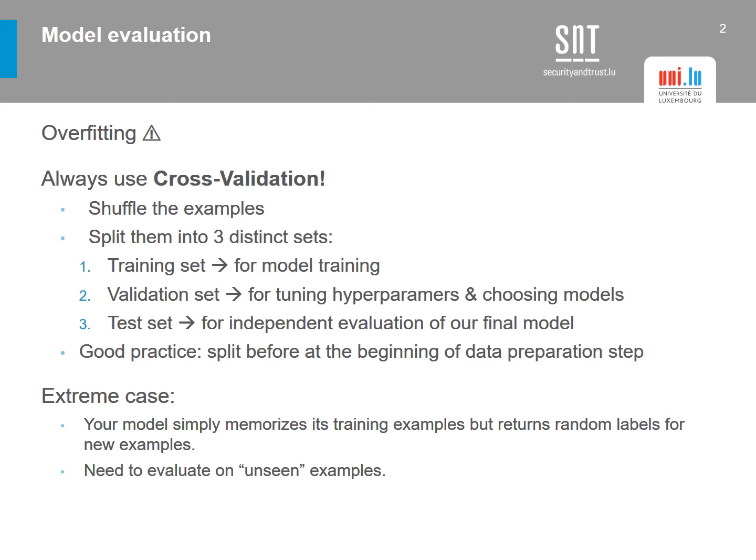A good practice is to split the data in three distinct sets before the beginning of the pipeline. The reason to do so is to avoid accidental information leak from the training set to the test set. If we have such an information leak, then the original purpose of having a test set is lost.